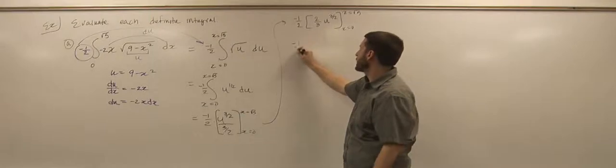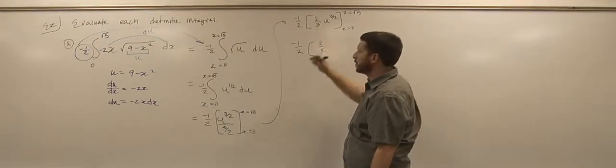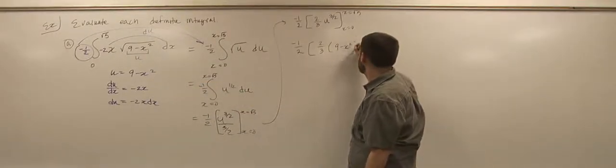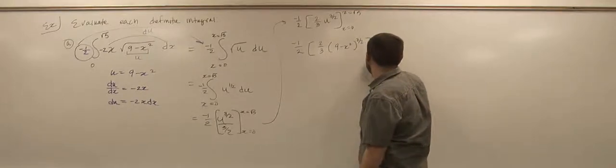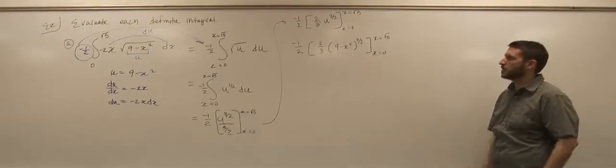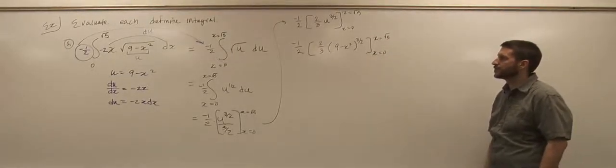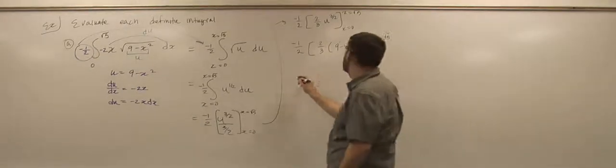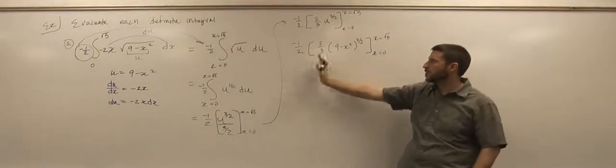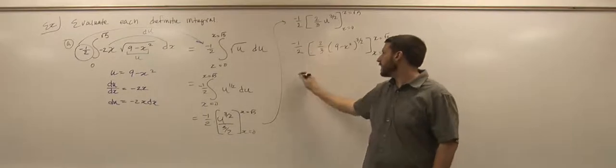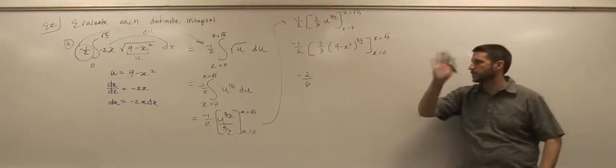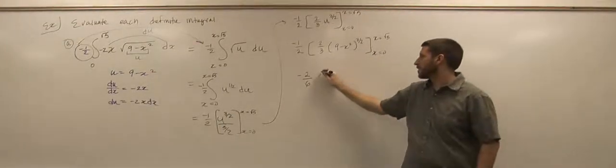Now I put my x's back in. What was u? 9 minus x squared. Now that I have x's, I can plug in my limits and be done with this. In fact, when you're plugging in limits, these constant multiples can be pulled out. So let me pull out a negative 2/6 if I multiply those, which reduces, but let me pull that out so I don't have to worry about it.